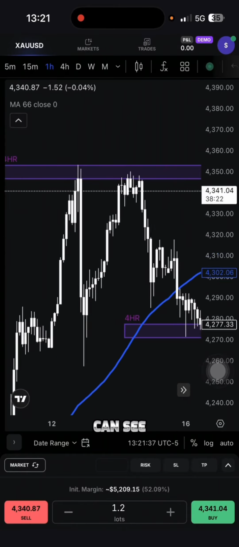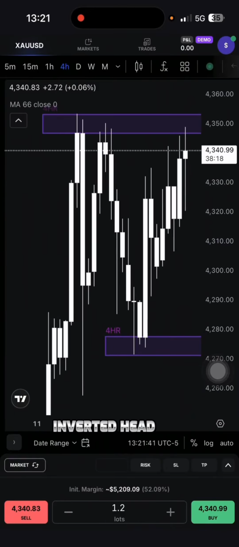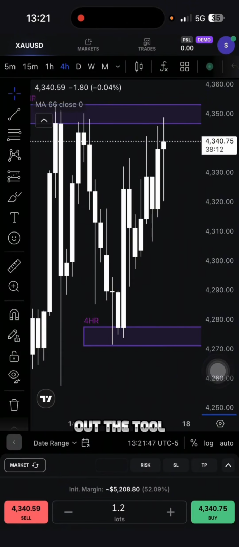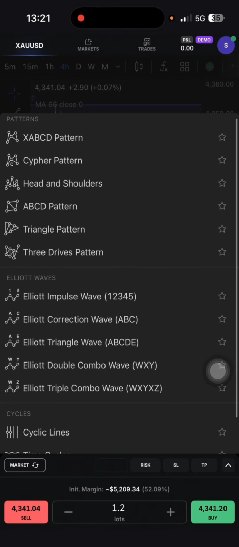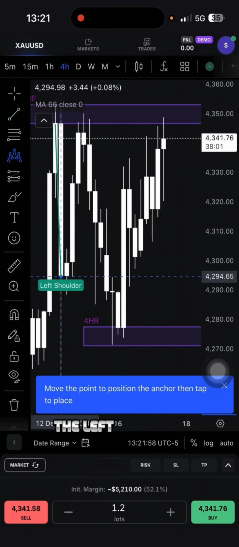And as you can see, this is an inverted head and shoulders. If you know patterns, I can pull out the tool, head and shoulders. This is the left shoulder.